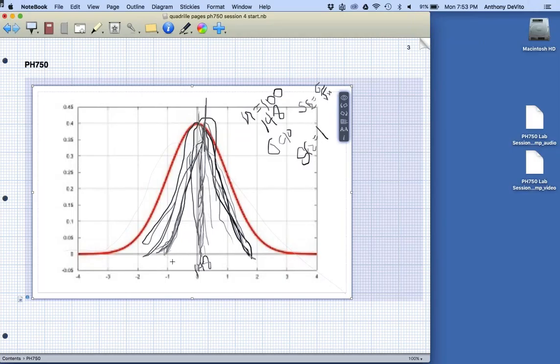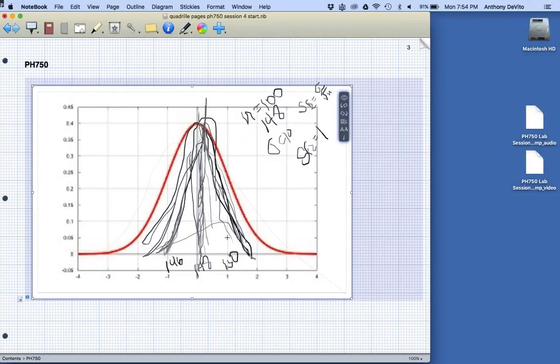So I know if I go 2 standard errors to the left, which is going to be 146, and 2 standard errors to the right, which is going to be 150, I know that if I'm right about that mean being 148, 95% of the time when I go back and take another sample, it's going to be between 146 and 150. Because that's what the standard error tells me, 2 standard deviations below and 2 above.